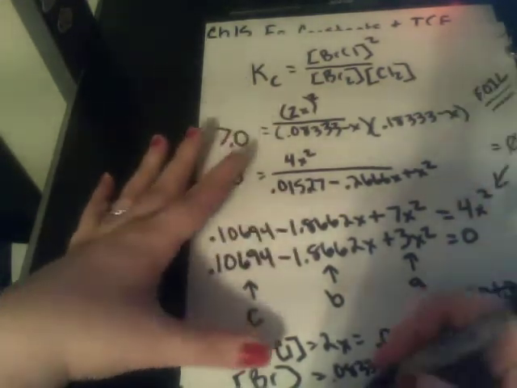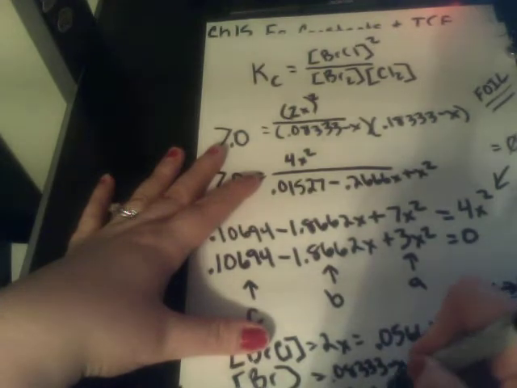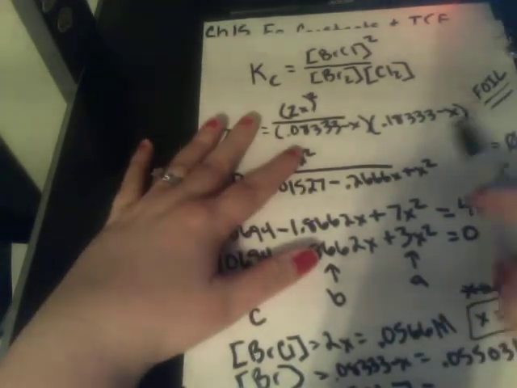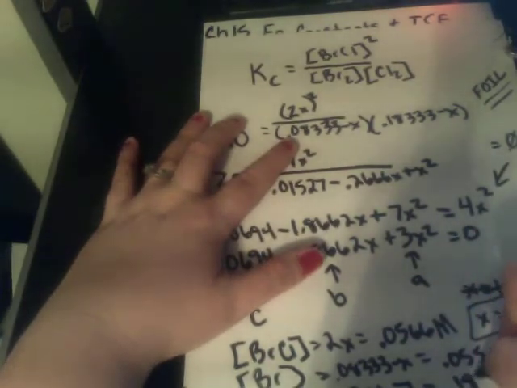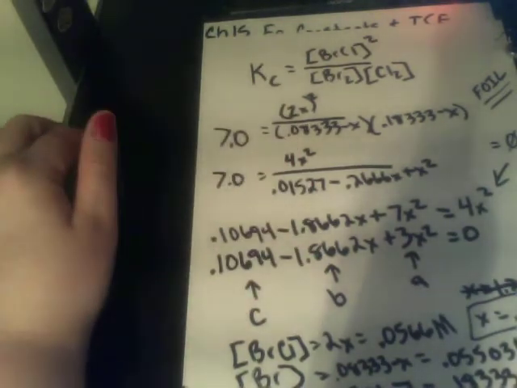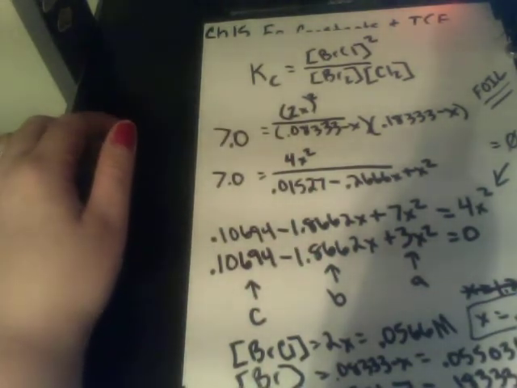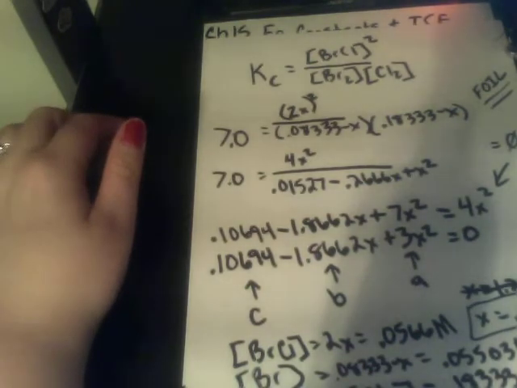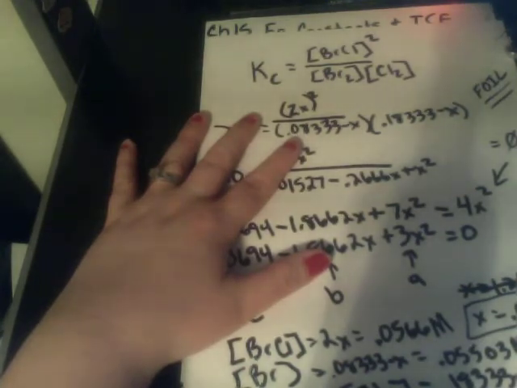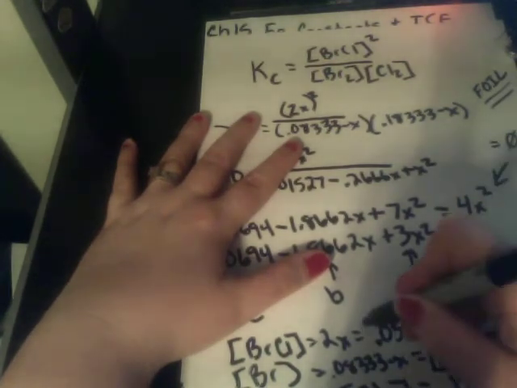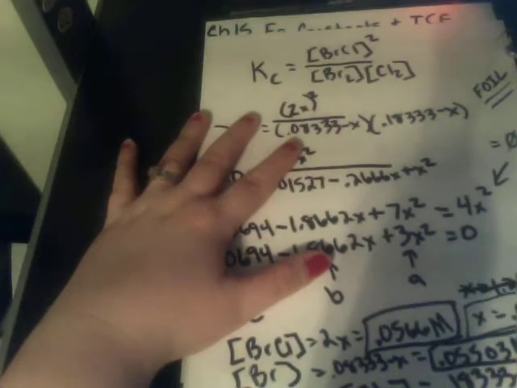And my concentration of Cl2 is going to be 0.18333 minus x, and that is 0.15503. So we'll say 0.155 molarity. So here are our answers.